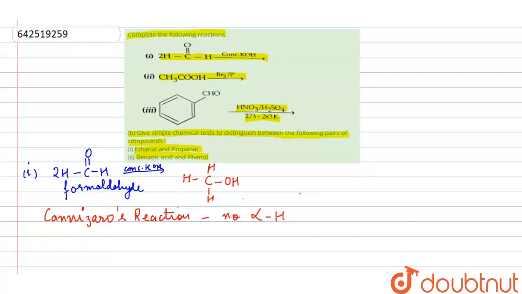So the first compound will be CH3OH. This is your methanol. The second compound will be the formate ion, where one hydrogen of the carboxylic acid is replaced by a potassium ion. So this is potassium formate.